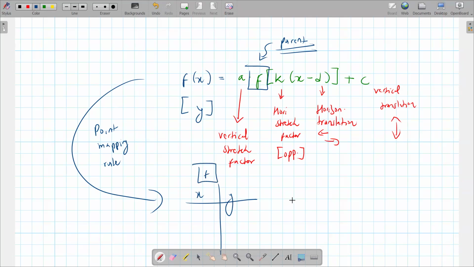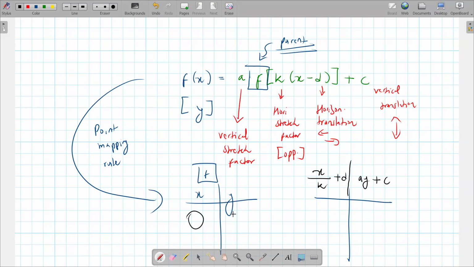And then you make a table of x and y for the transformed function, and this next formula is very important. This is the point mapping rule: x always becomes x over k plus d. y always becomes a y plus c.